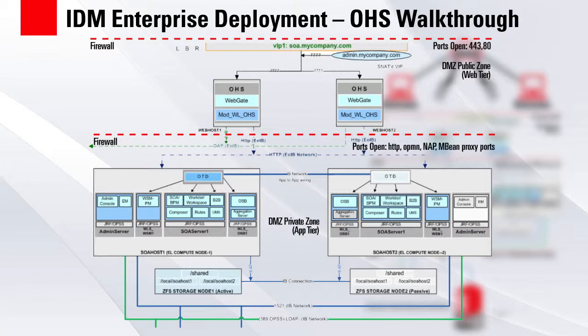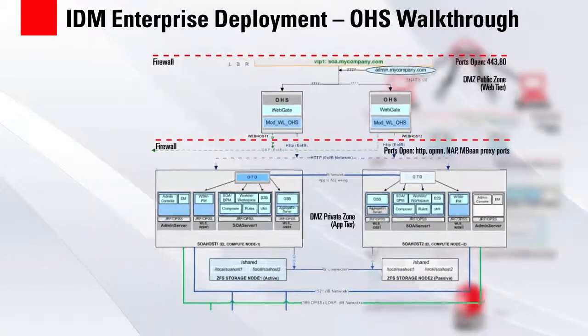However, when the application talks to another application, for example SOA talking to OSB, that request is not going through OHS, because if it did, you would go out from InfiniBand to the Ethernet over IP network and then come back to InfiniBand. You would lose the InfiniBand optimization there.